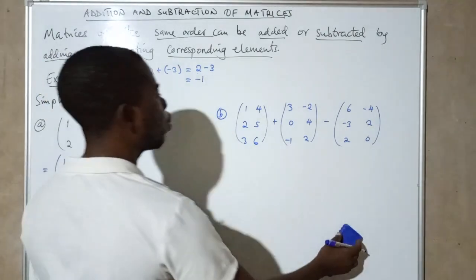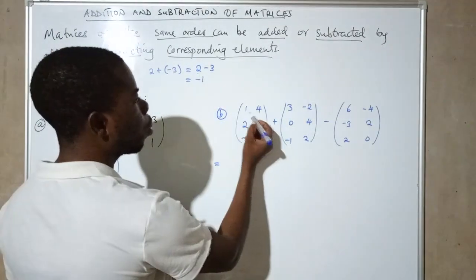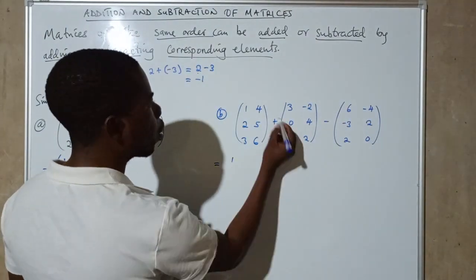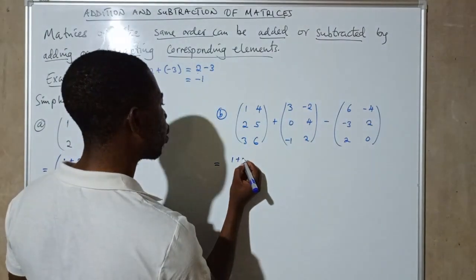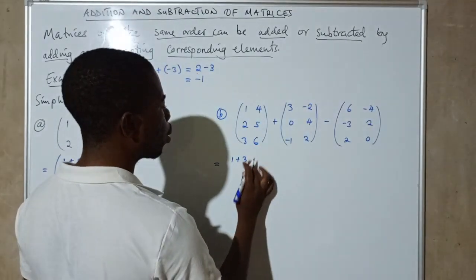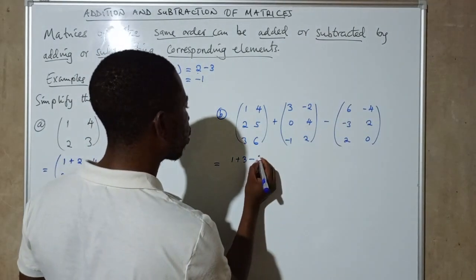So we can also try to answer this one here. This one corresponds to this 3 and 6. So it will be 1, then plus 3, then plus, oh, here it's not plus. Here we have negative. So negative, then we get 6.